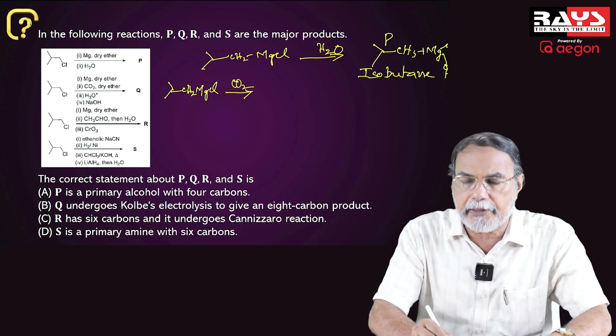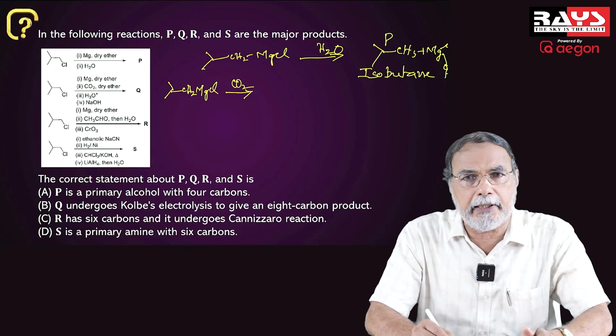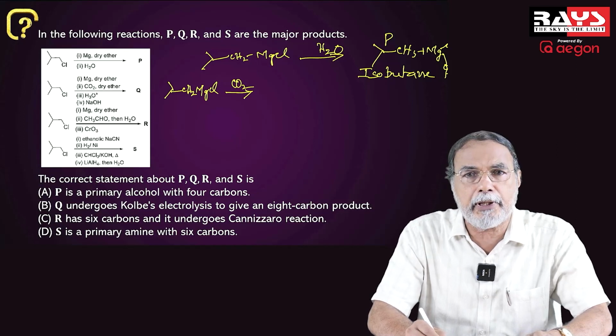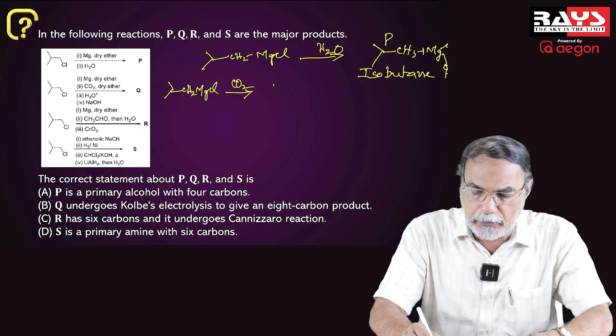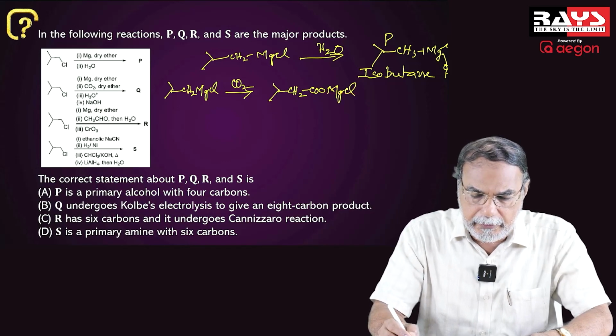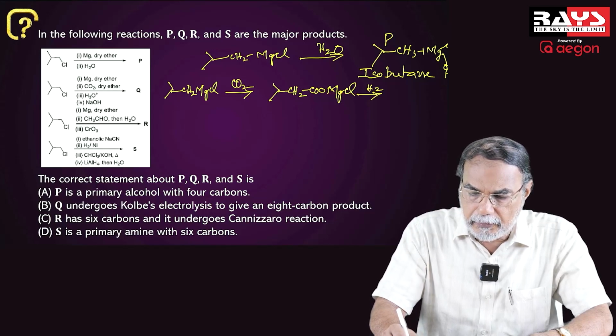The reaction of Grignard reagent with the carbon dioxide is actually the addition of the Grignard reagent to the C double bond O of the carbonyl group of carbon dioxide, and you have the compound CH2COOMgCl, and the second stage is hydrolysis, and you have the product CH2COOH.